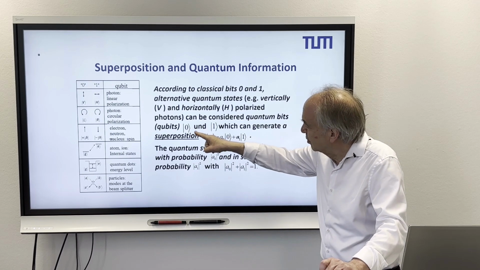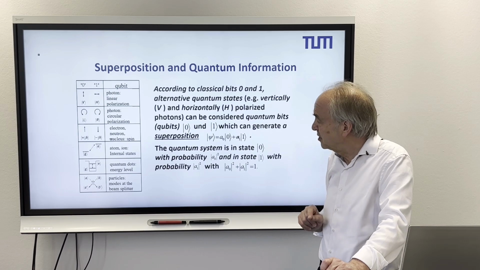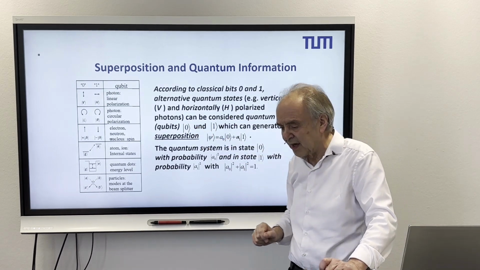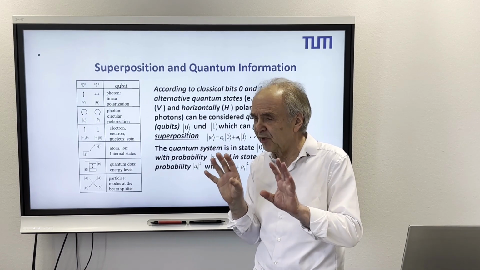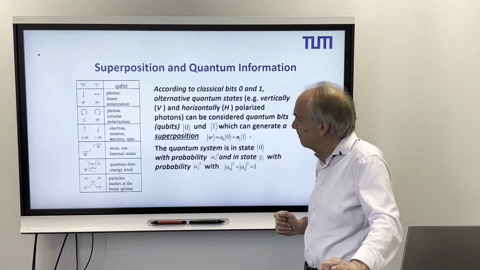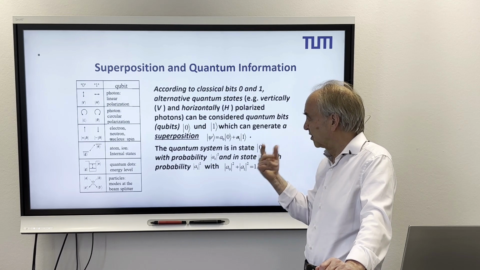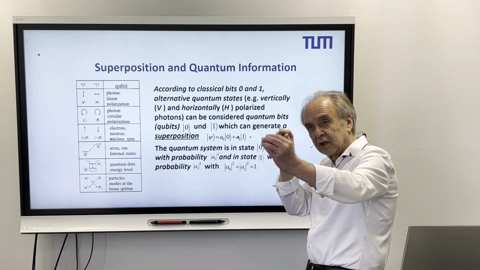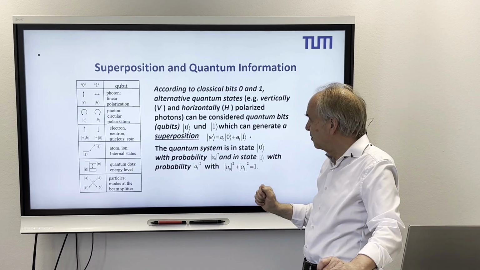By the way, this notation of vector is typical for quantum physics. It's a notation of Dirac, these brackets. I will not go here into the mathematical details. It is sufficient to understand this notation means the states or the values here are geometrically vectors. And then you get a vector psi in order to describe the superposition, which I mentioned before.